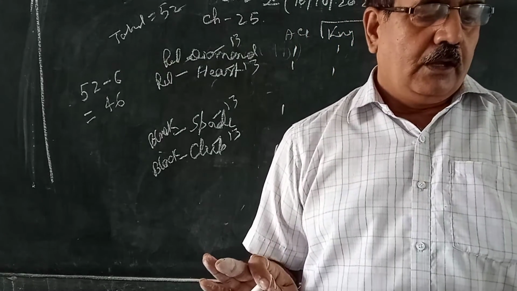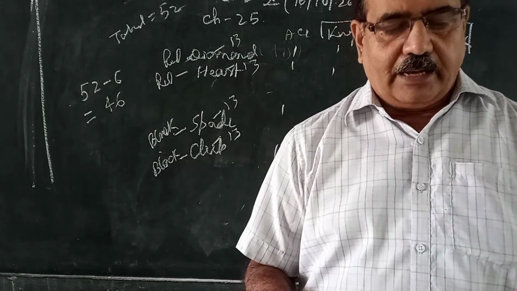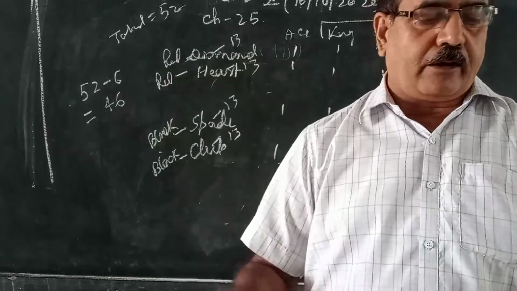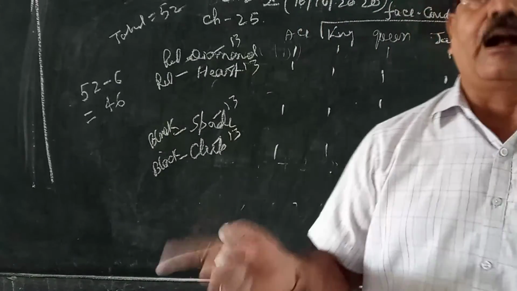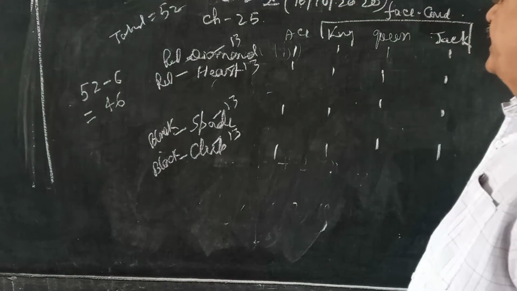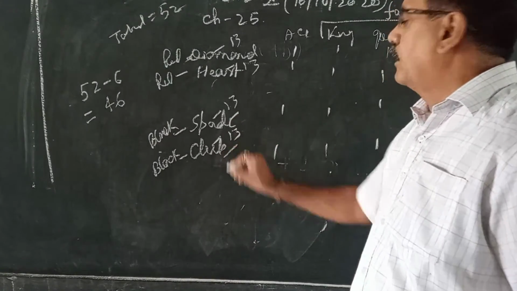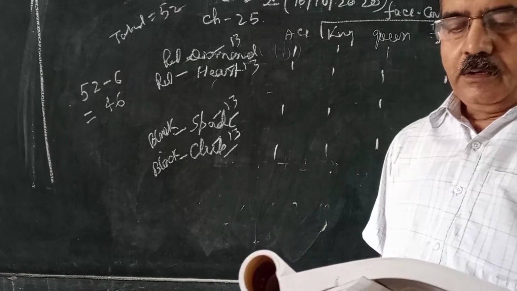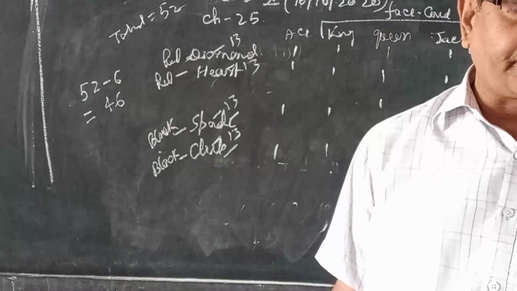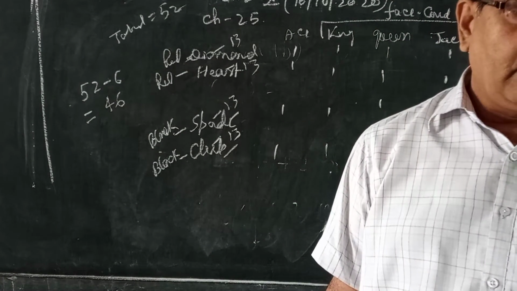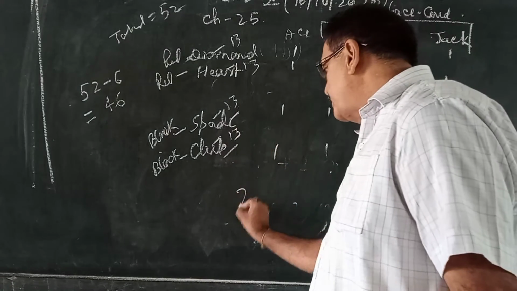Now the cards are reshuffled, then a card is drawn from the remaining pack of cards. Find the probability that the card is a black card. Altogether, spade 13 cards and club 13 cards, so the total is 26.